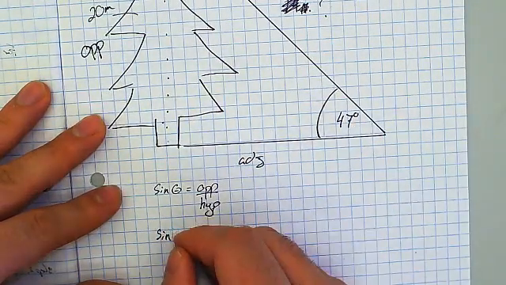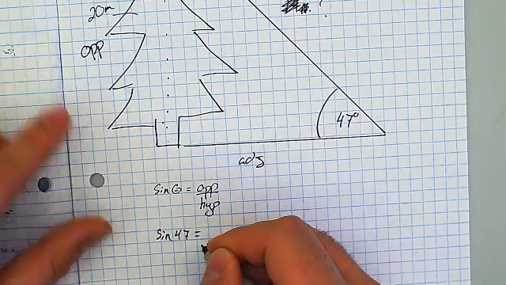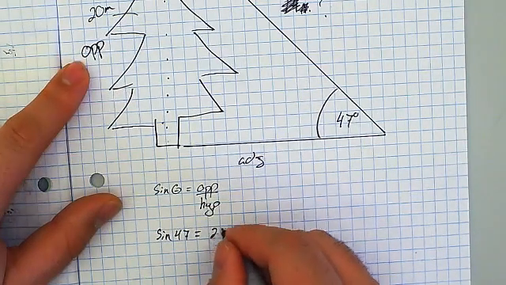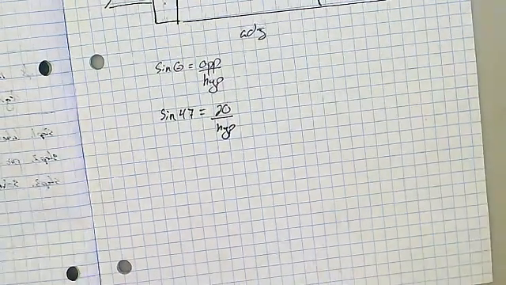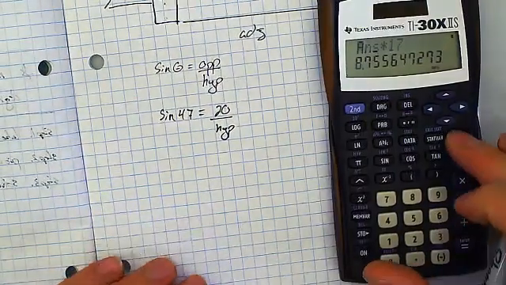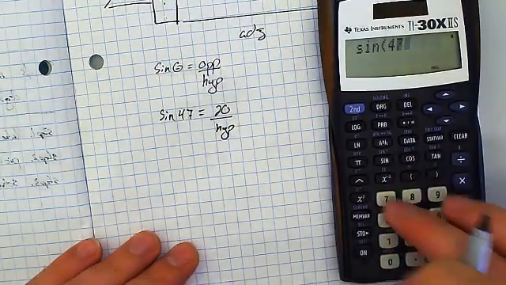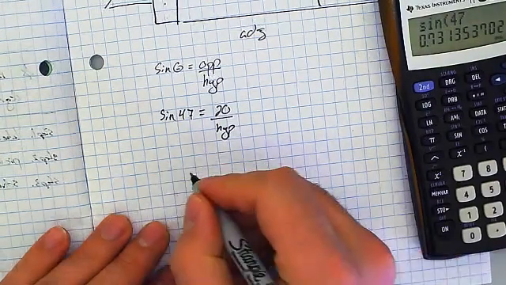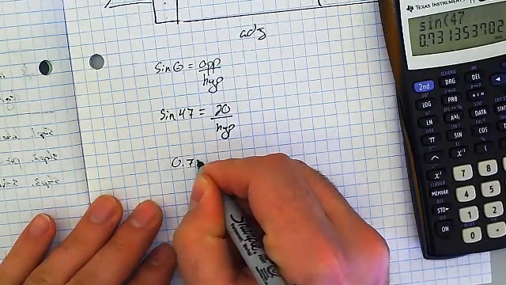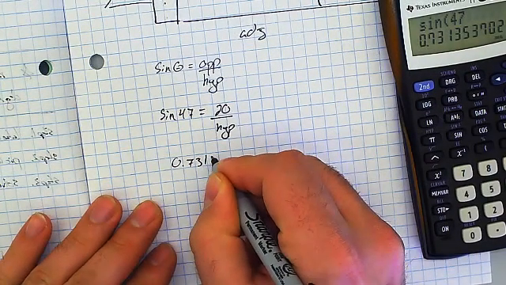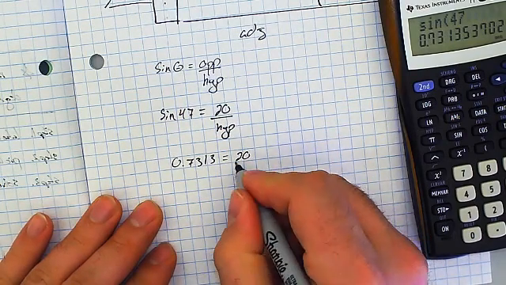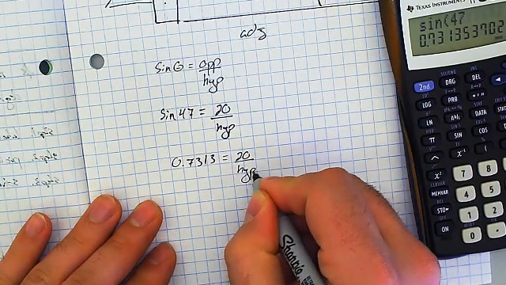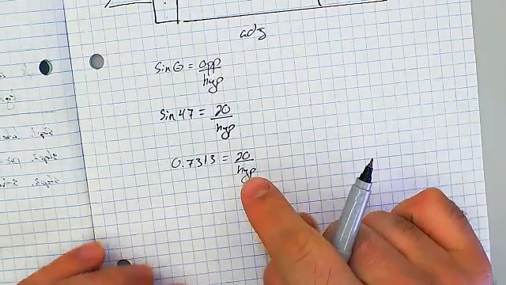We fill in our formula. Sine of 47 equals our opposite, which is 20, divided by our hypotenuse. When I punch sine of 47 into my calculator, I get 0.7313 equals 20 divided by our hypotenuse.